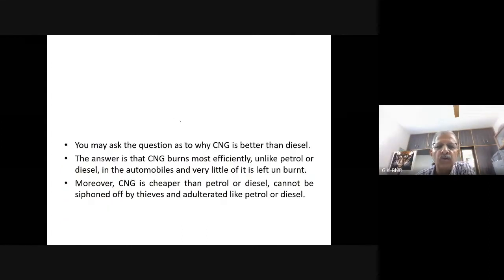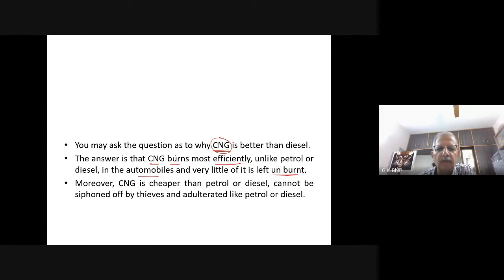You may ask why CNG is better than diesel. You know what CNG is? CNG is a gas. Many auto people use this gas. Why is this compressed natural gas better than diesel? The answer is that CNG burns most efficiently, unlike petrol or diesel in automobiles, and very little of it is left unburned.